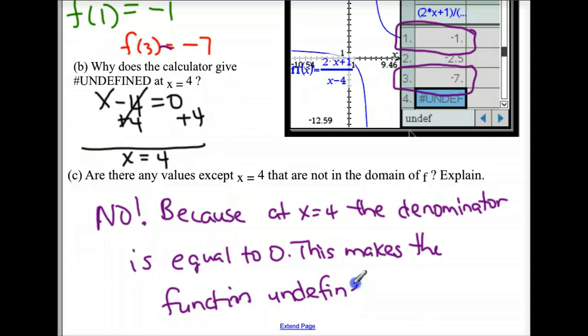So I can plug in any other number, doesn't matter what it is, I will get an answer. The only number that I cannot plug in is x equals 4. And again, this is how I know it's x equals 4. I just make sure the denominator is equal to 0. So any other number will work with a fraction except when my denominator is equal to 0.